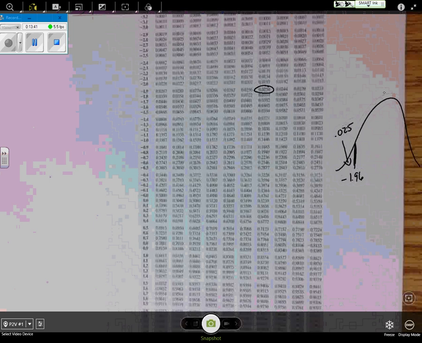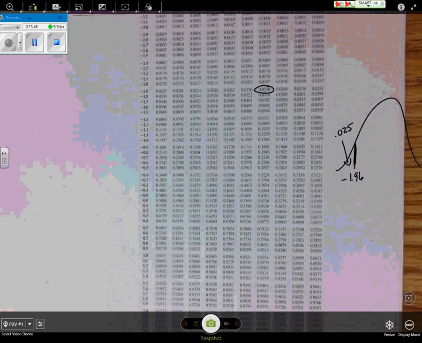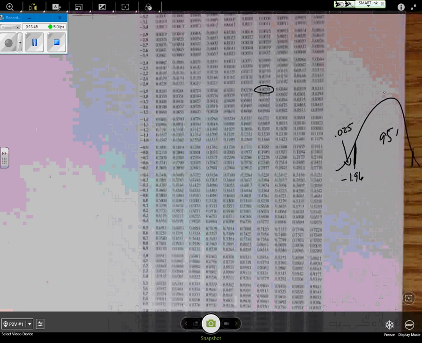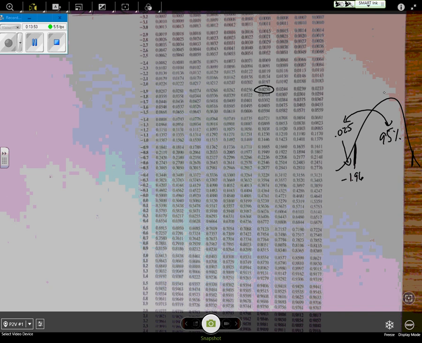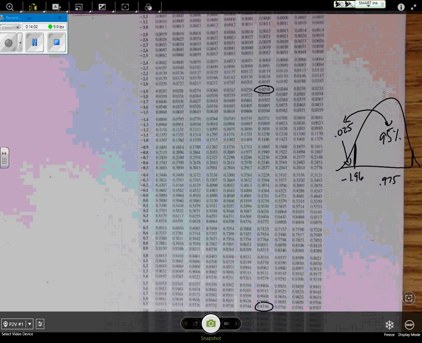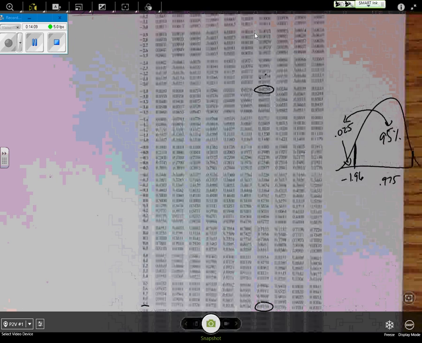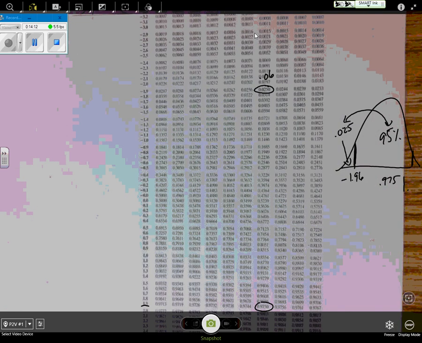Now the good news is you said, well, I would have done the other tail, Mr. Lovelady. That's fine. If I would have done the other tail, I have 95% here. And so if I have 95% and 2.5%, that makes it so this whole area right here is 97.5%. I barely got it on the table right here. And look what it gave me. 1.9, then there is a 0.06 here. And so this would have been 1.96 on this side.